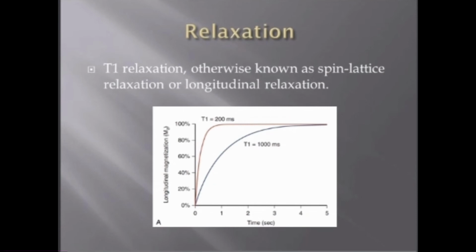The tissue with the shorter T1 requires less time for the protons to return to the equilibrium state, that is, aligned with the z-axis, whereas the tissue with a longer T1 time relaxes more slowly. This difference in T1 times can be used to generate contrast in MRI images.